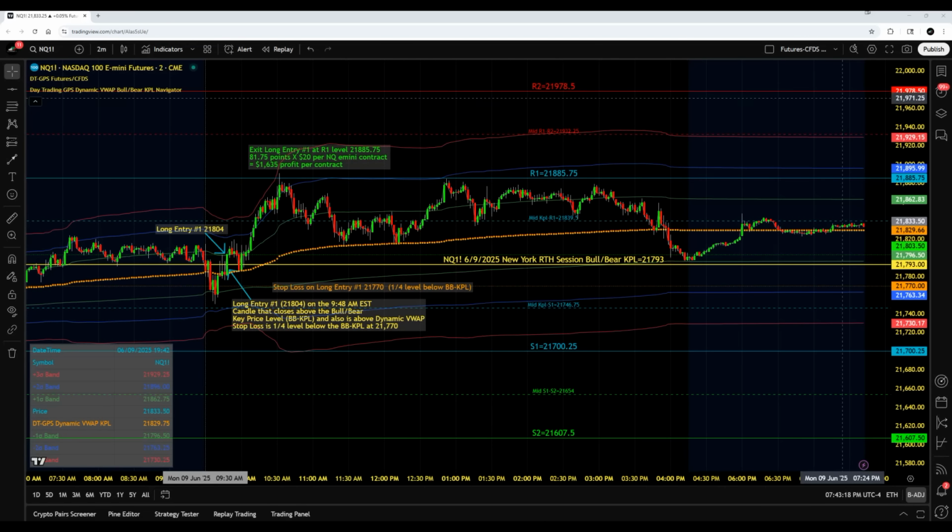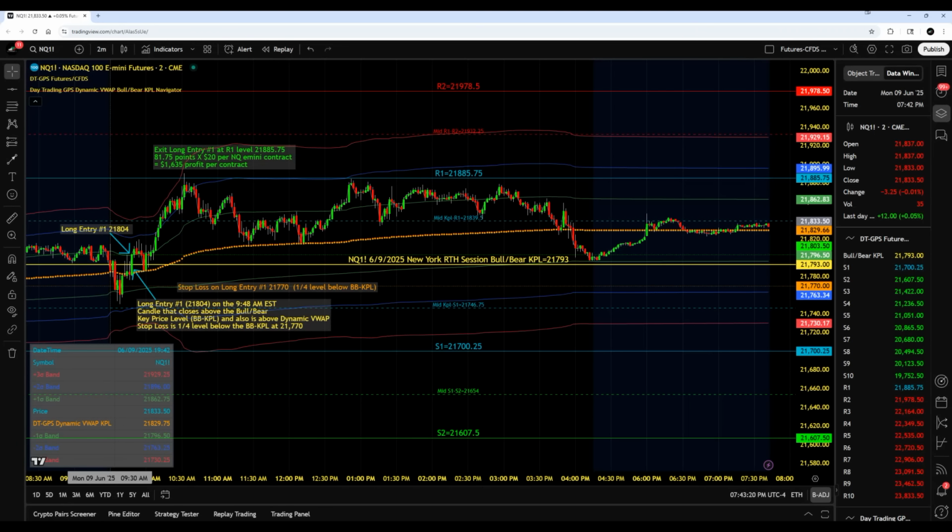Okay, so we're going to look at the data window. On this candle right here, the close is 21,804. So this is the candle at 948. So this is your entry here.